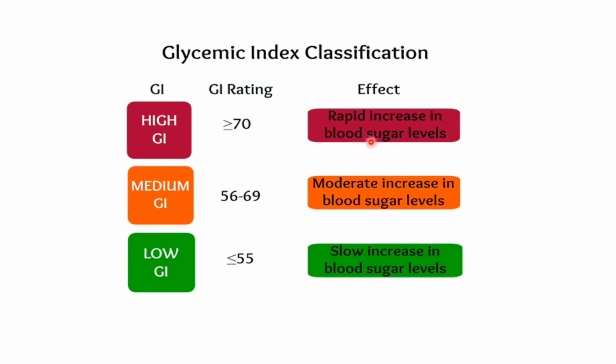Foods having a glycemic index of 56 to 69 are categorized as medium glycemic index food. It causes moderate increase in blood sugar levels. And foods having less than or equal to 55 glycemic index are categorized as low glycemic index food, and it causes slow increase in blood sugar levels. So that is the classification as per the glycemic index.